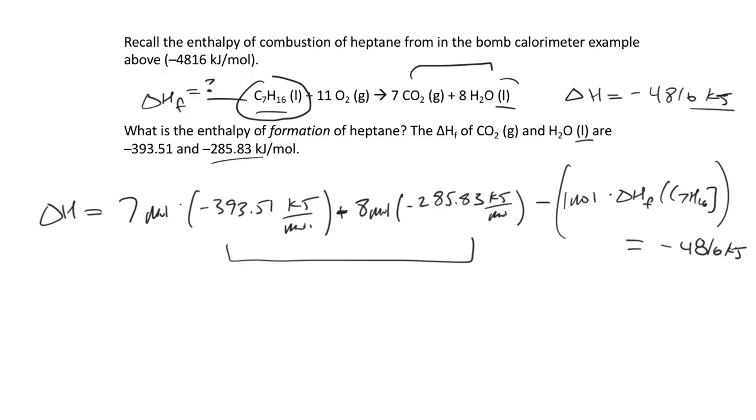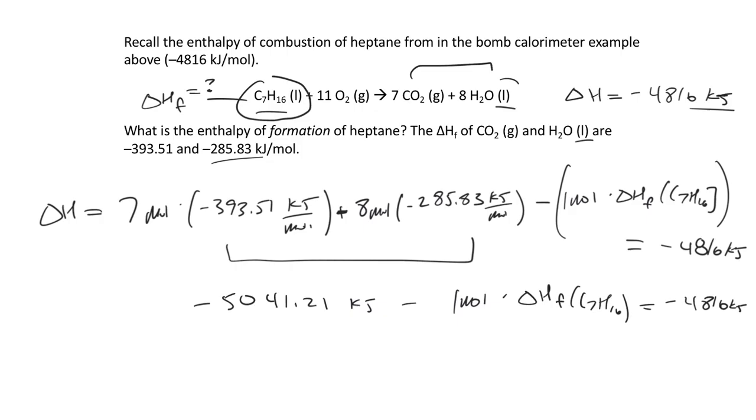So that all works out to be negative 5,041.21 kJ, and then minus 1 mole times the delta HF of C7H16 is equal to that overall delta H of minus 4816.